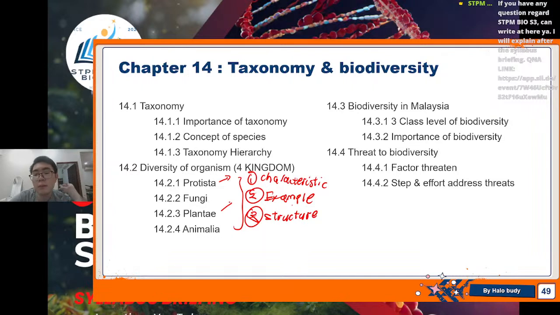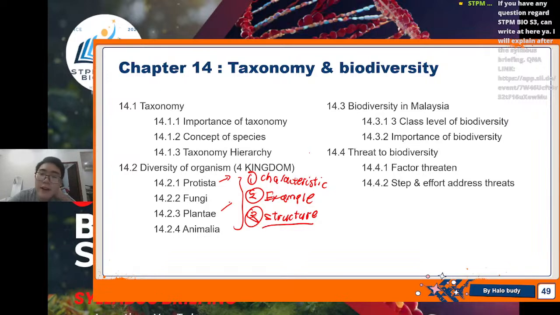So you will learn about the specific species under this phylum, and within that species there is the structure of the cell, or the structure of the body of that species. So actually it is a very long topic, and there are no tips to learn. Just memorize, because there are many things, normally about theory.